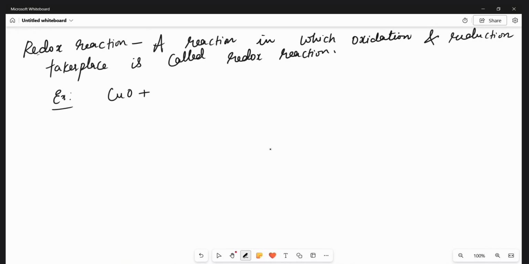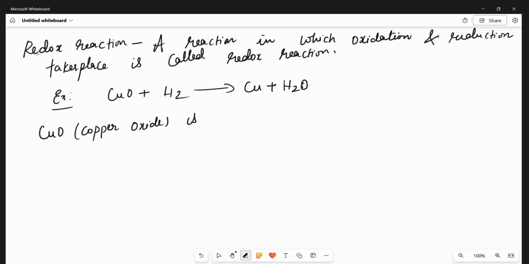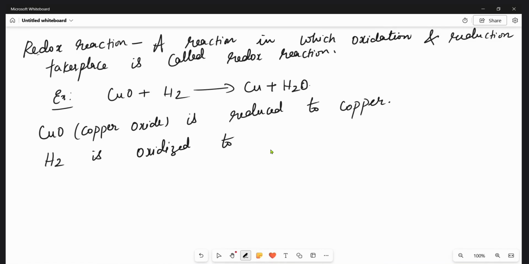Example: copper oxide plus hydrogen gives copper plus water. Copper oxide is reduced to copper. Hydrogen is oxidized to water.